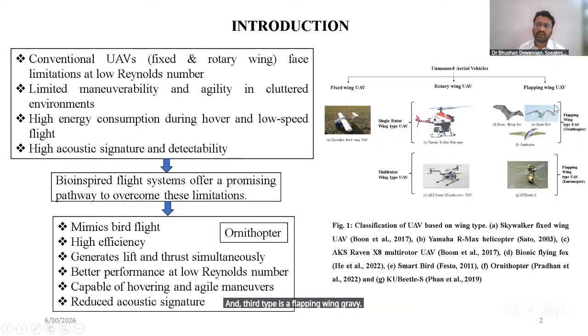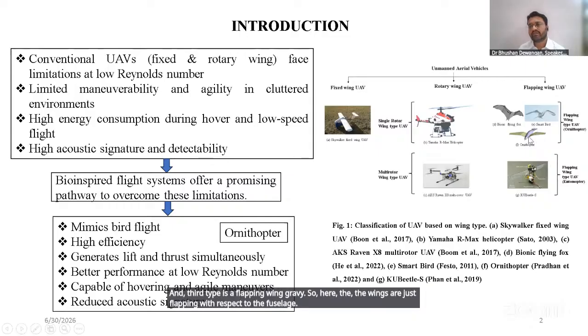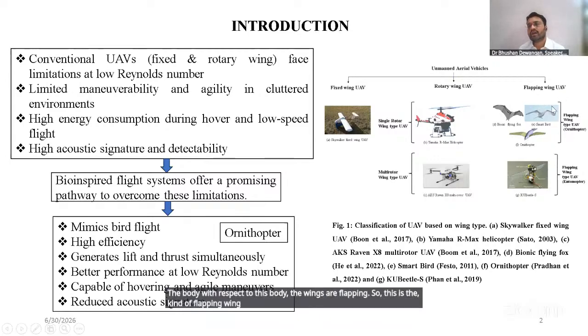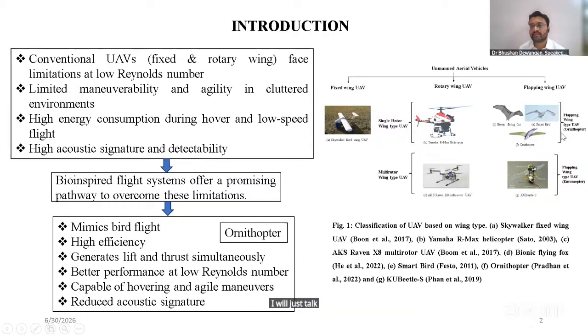And the third type is the flapping wing UAV. Here the wings flap with respect to the fuselage, the body. This is the kind of flapping wing UAV I will talk about in this lecture.